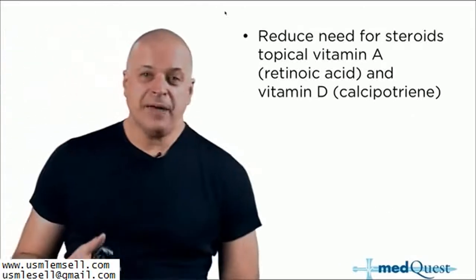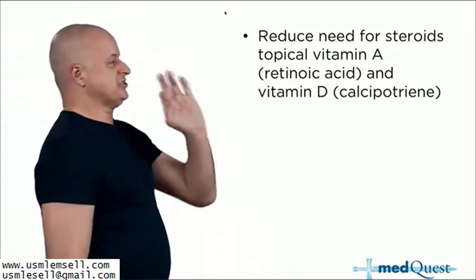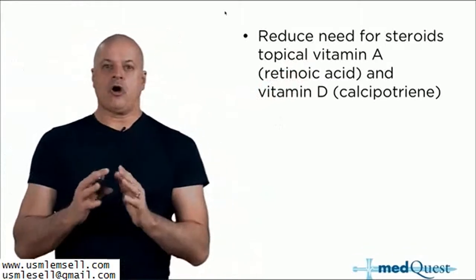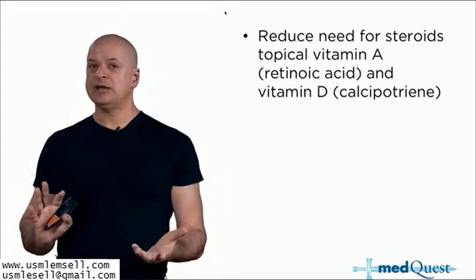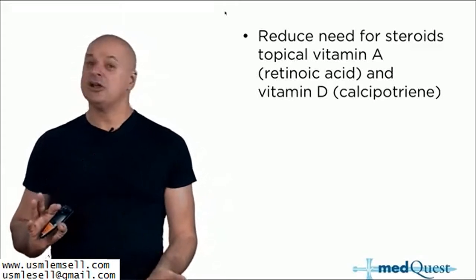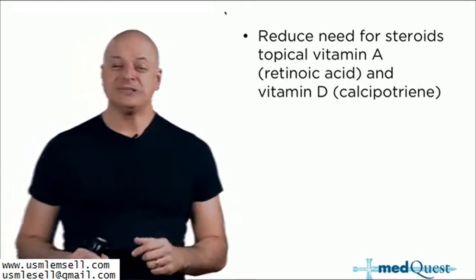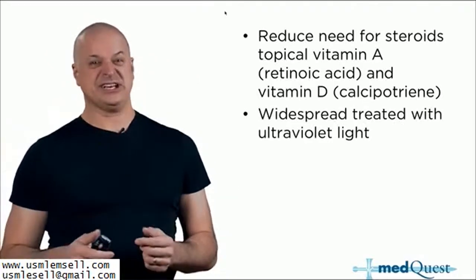Now, vitamin A and calcipotriene, which is vitamin D, are derivatives that are a more benign, gentler way of handling skin on a long term. Because using high potency steroids for a long time is very damaging to skin.